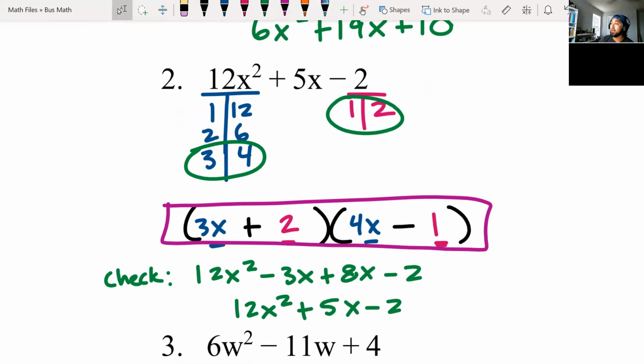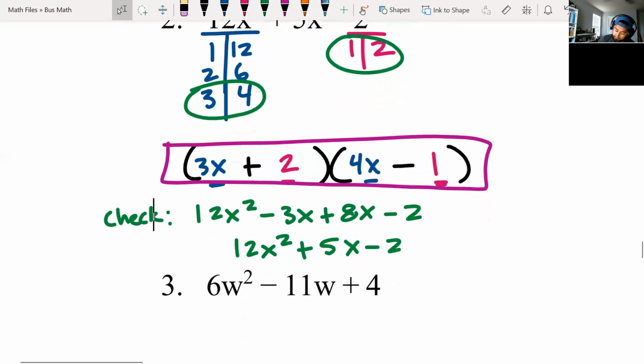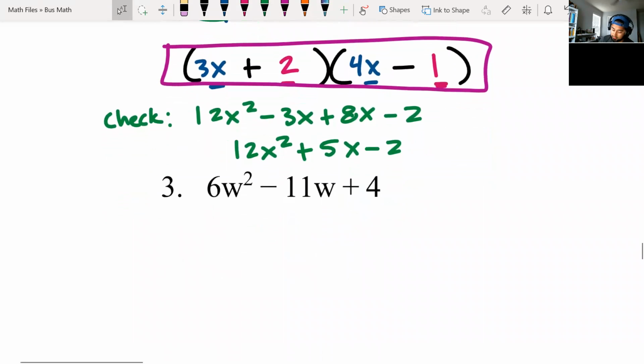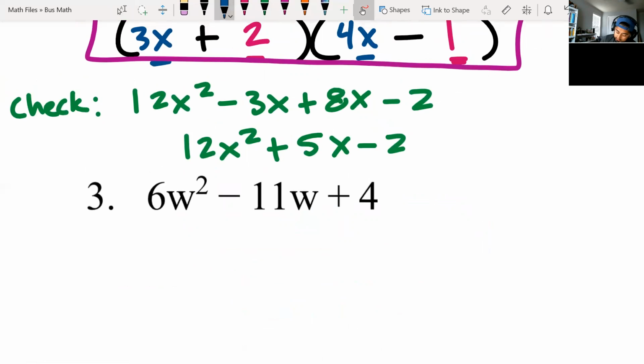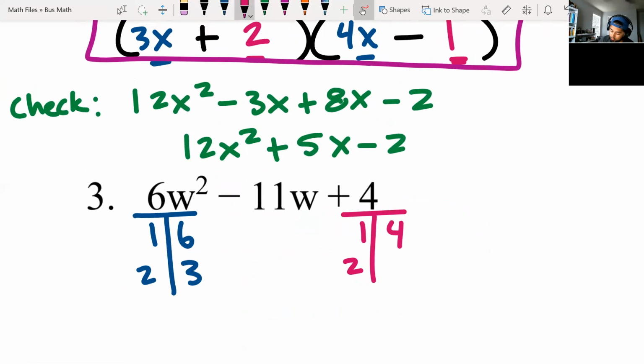Okay. Any questions on that one? Okay. Let's keep going then. Guess and test is the way to go, guys. All right. Again, 6: 1 and 6, 2 and 3. 4: 1 and 4, 2 and 2.